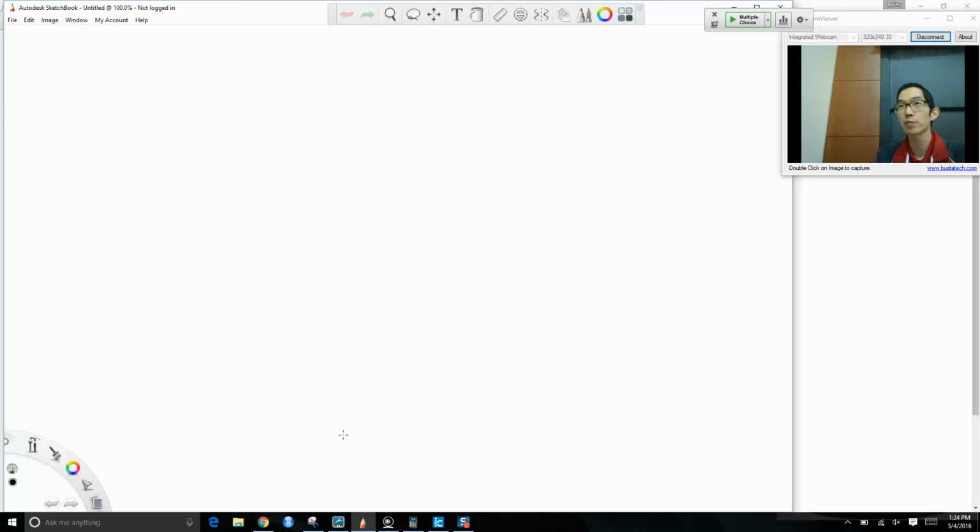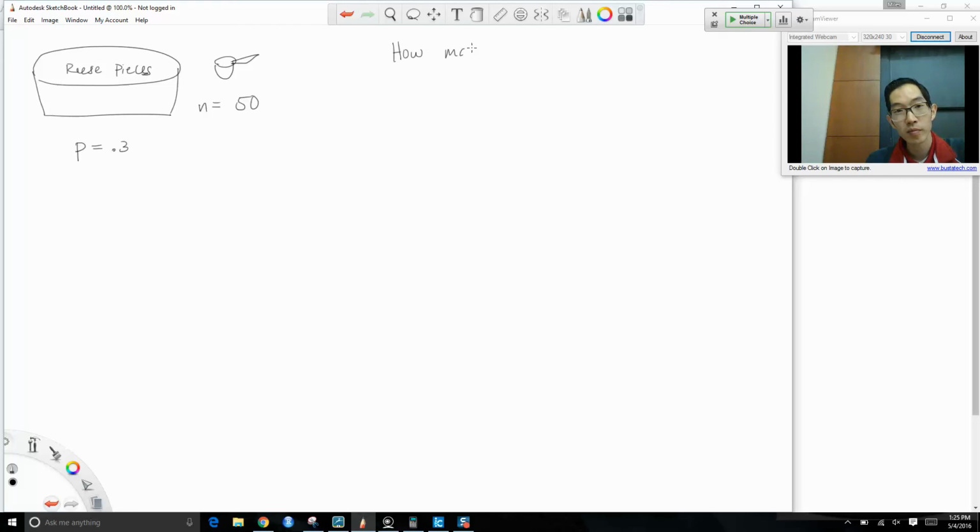Because if we think about it, I've got the giant tub of Reese's Pieces. And in the tub, I said 30% are orange, and I'm taking a scoop of 50 candies, n equal to 50. And really I'm asking how many orange pieces do I end up with?